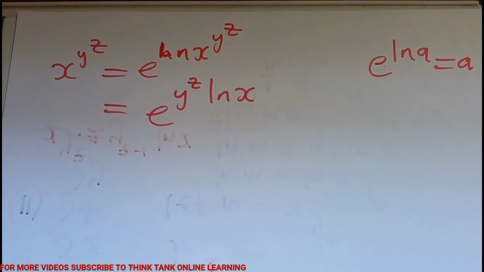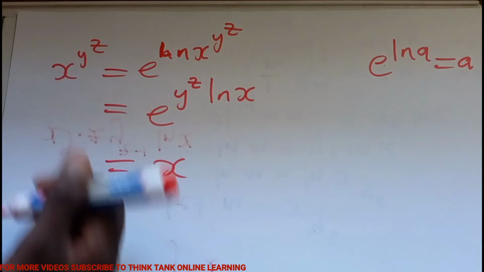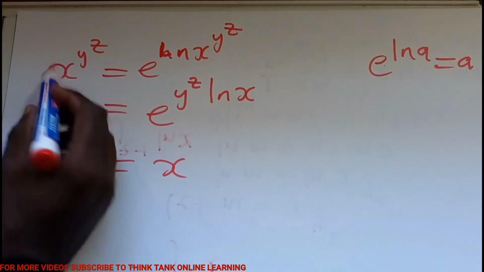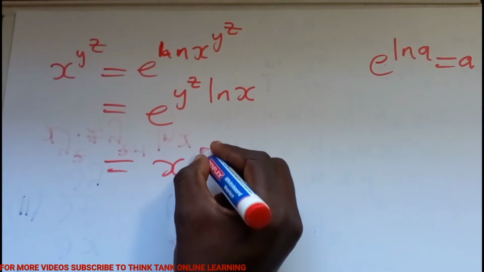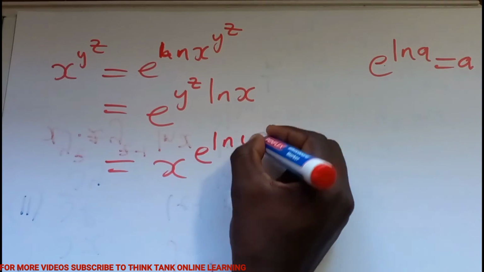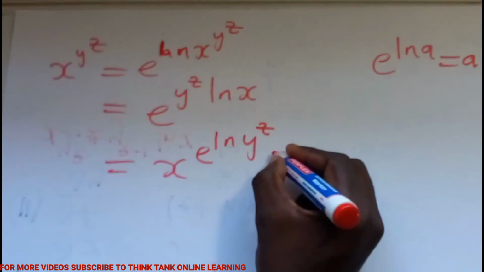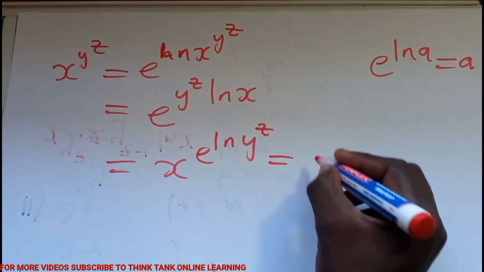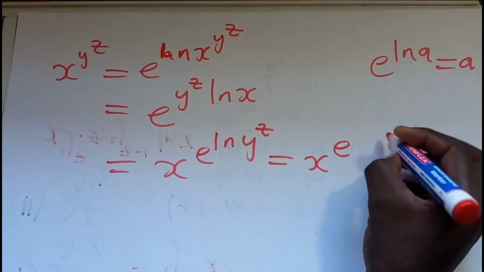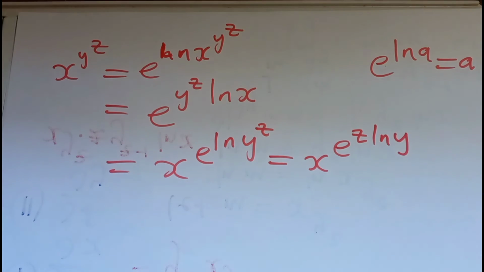What is the other way? You can say we want x to remain on the base. Here we have y to the power z, so you can say e to the power ln of y to the power z. You can see this is equal to 1, so this is equal to x to the power e to the power z ln y.